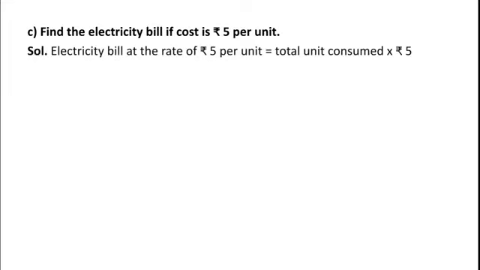So here we can write electricity bill at the rate of rupees 5 per unit equals to total unit consumed into rupees 5. Again we know total unit consumed is 122.4 into rupees 5. Now let us multiply. So after multiplying we get rupees 612. It means for a month the electricity bill will be rupees 612 if each unit costs rupees 5.